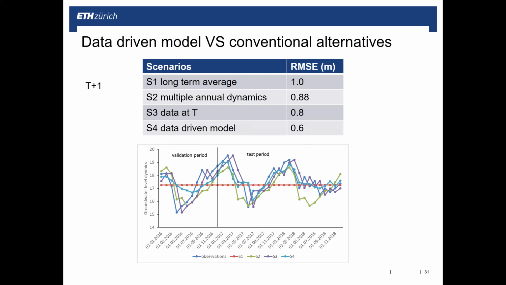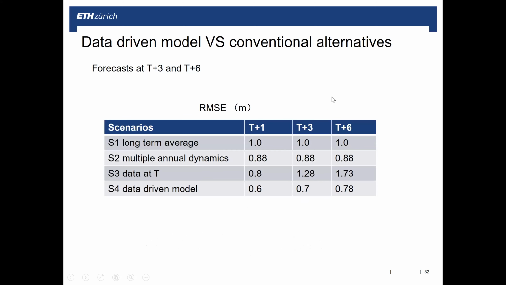We also compare the forecast for the other two lead times, t+3 and t+6, and we compare these different scenarios. The last one is the ensemble mean from the data-driven model.